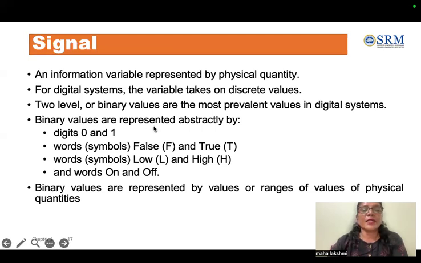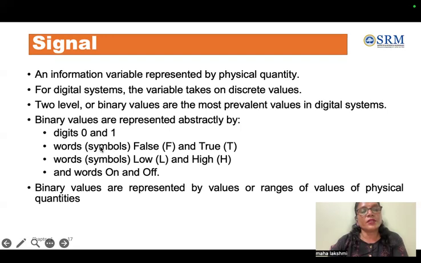If you take binary values, how can they be represented? By using digital numbers, digits, that is zeros and ones, or words, or symbols. In terms of digits, you can represent them by zeros and ones.